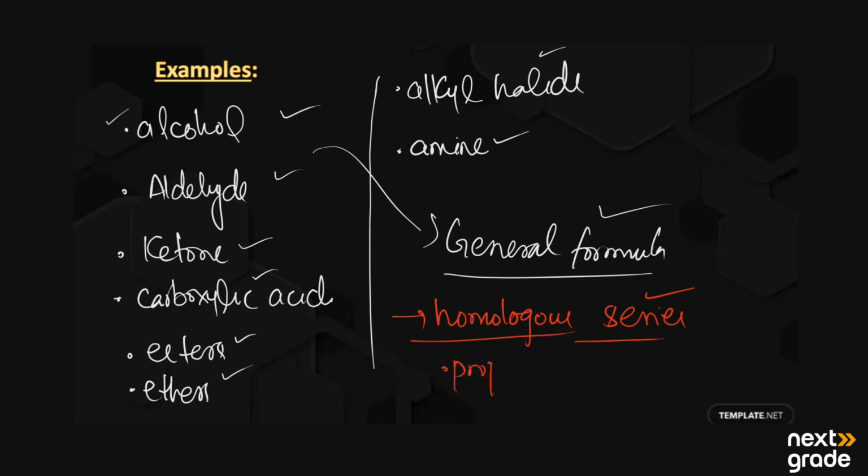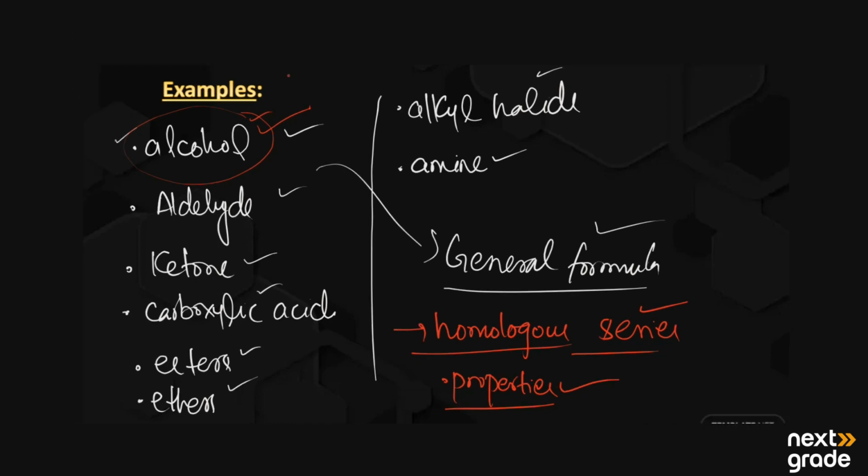In this way we save time, as we do not need to study every alcohol one by one. We can identify the functional group and then study their properties under one heading. So this is the main purpose of identifying the functional group.